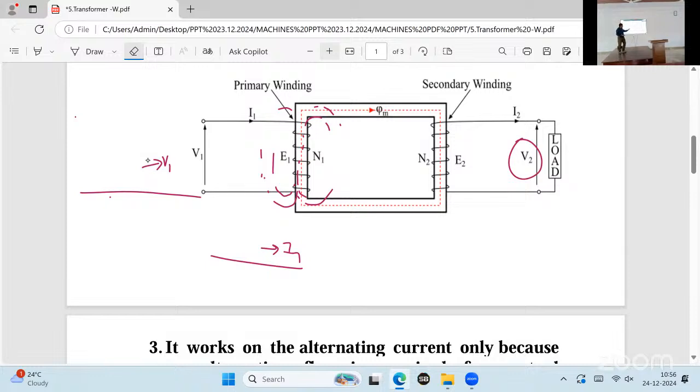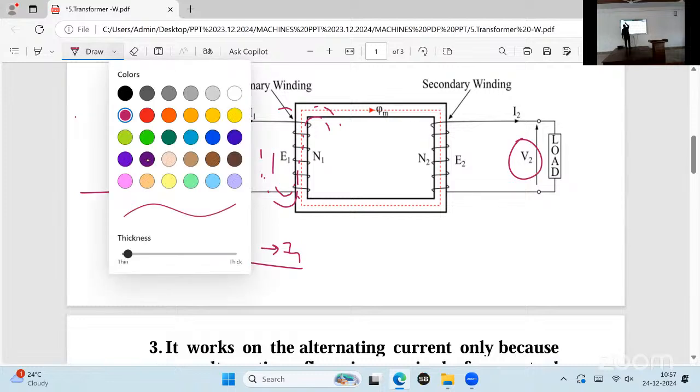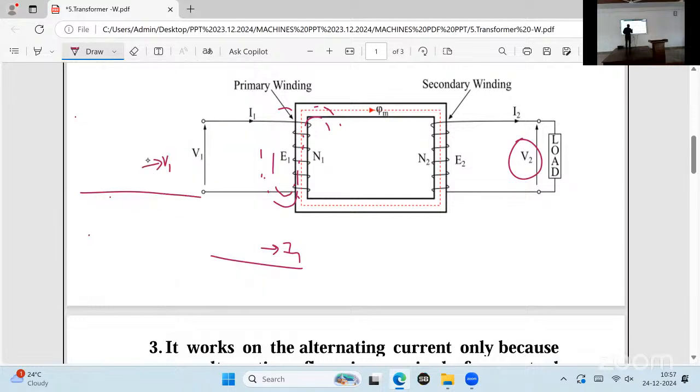Now, whenever a flux links with the coil, EMF is induced in the coil. We got induced EMF in the coil.